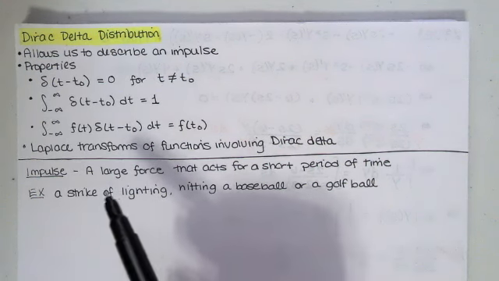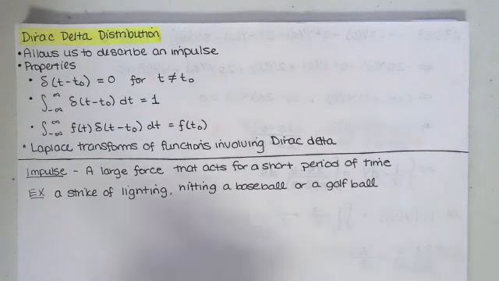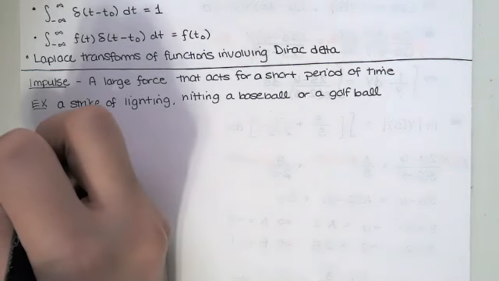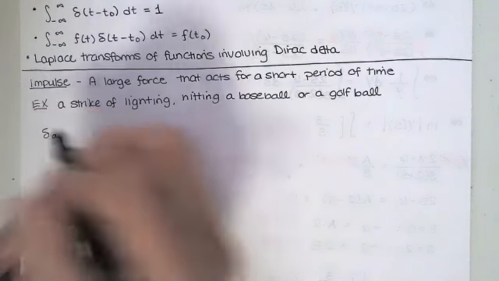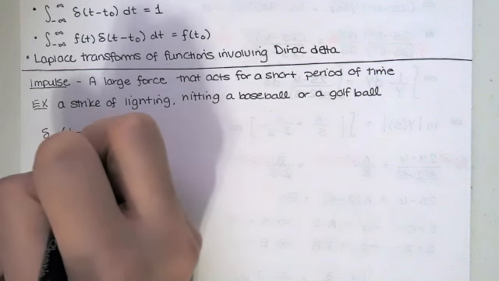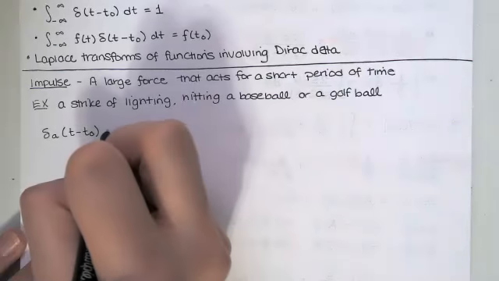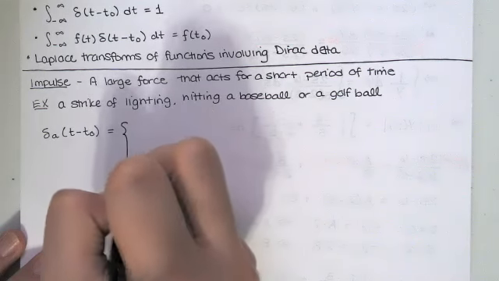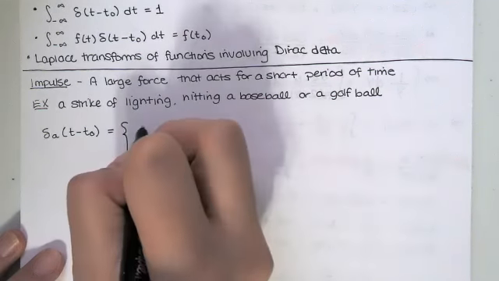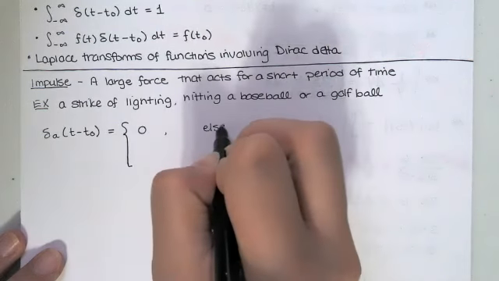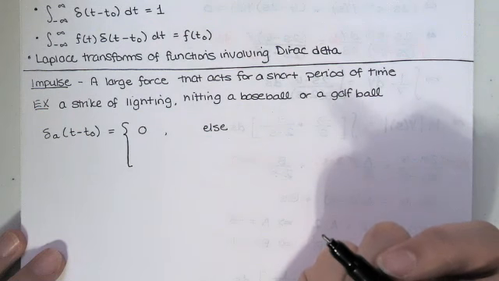This idea of a large force acting for a short period of time can be modeled by a function. Now, this is not Dirac delta itself, but we'll call it delta sub A, evaluated at t minus t naught. And this will have this value. It's going to be 0 outside of a particular interval.